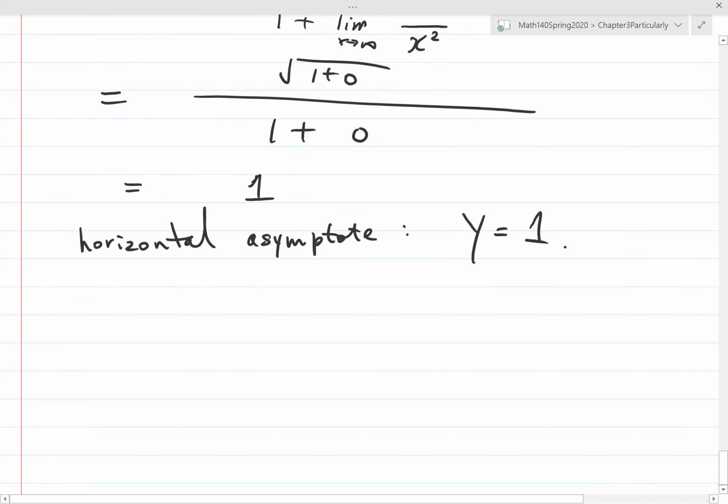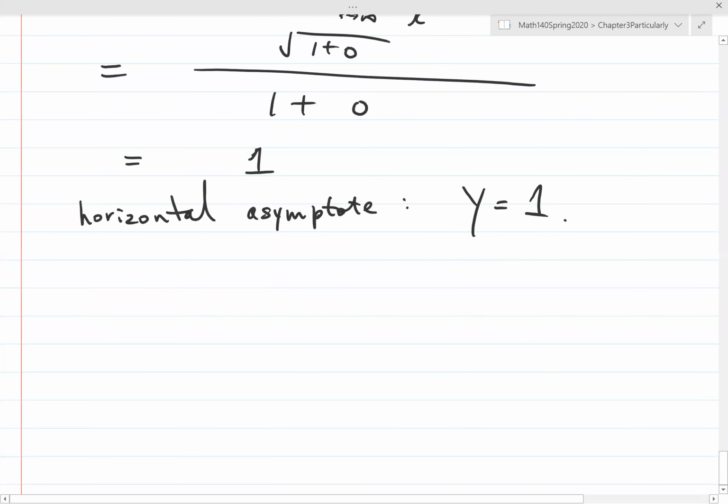Now let's do a summary of curve sketching.